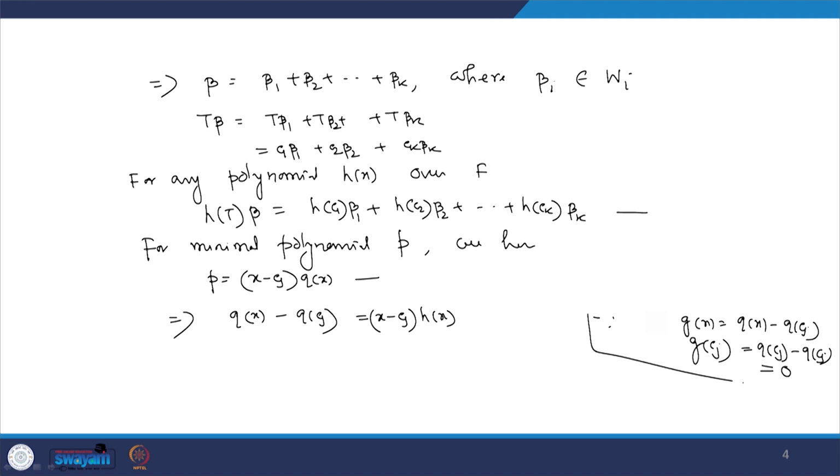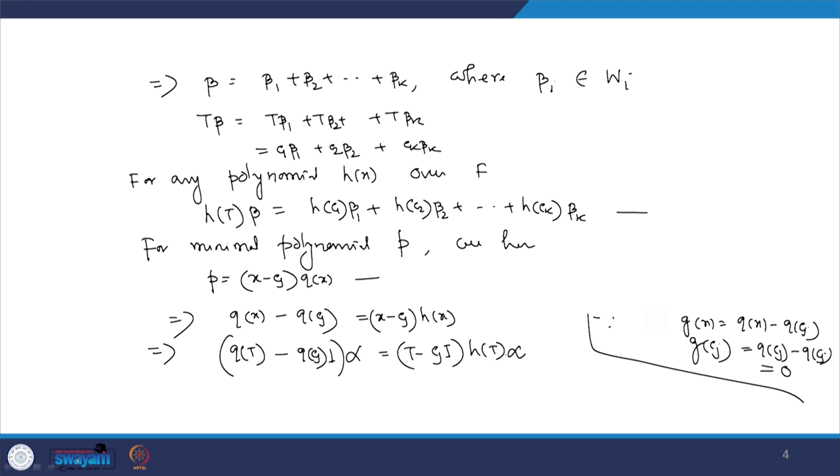So, that is why I am saying that G has x minus Cj as a factor. So, I can write Q of x minus Q of Cj equal to x minus Cj into H of x form. So, this implies Q of T minus Q of Cj I, when it is operating on alpha, will be equal to T minus Cj I into H of T operating on alpha.